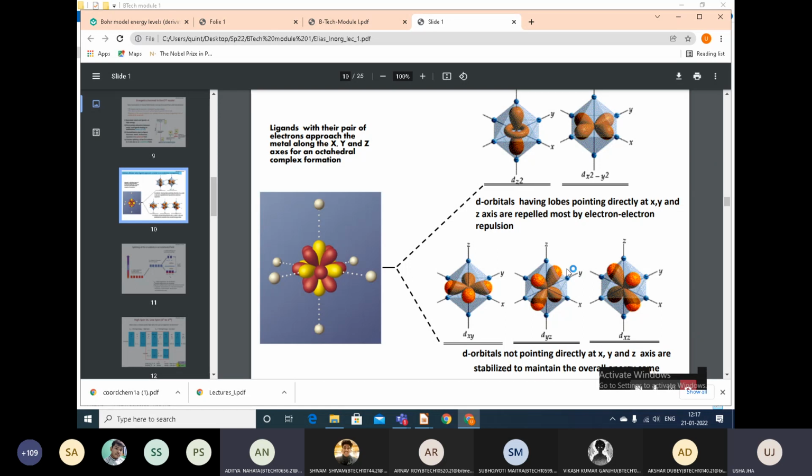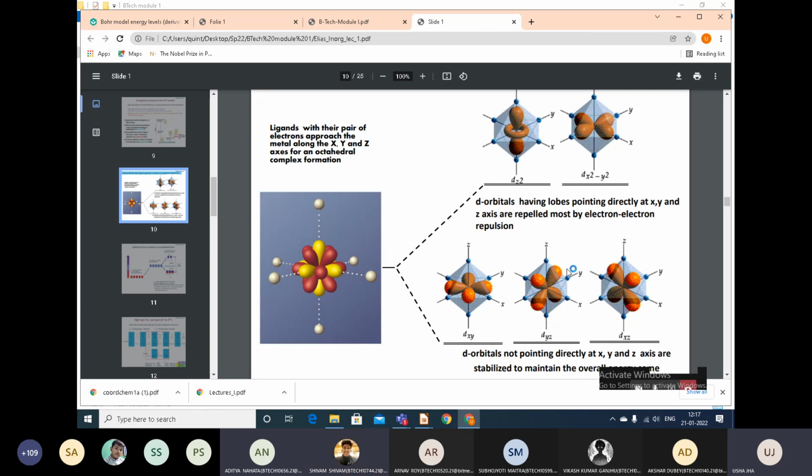It assumes that the attraction between the central metal atom and the ligands in a complex is purely electrostatic. Absolutely, purely electrostatic, so there is no question of any sharing. There it is a purely electrostatic attraction wherein the ligands are treated as point charges.